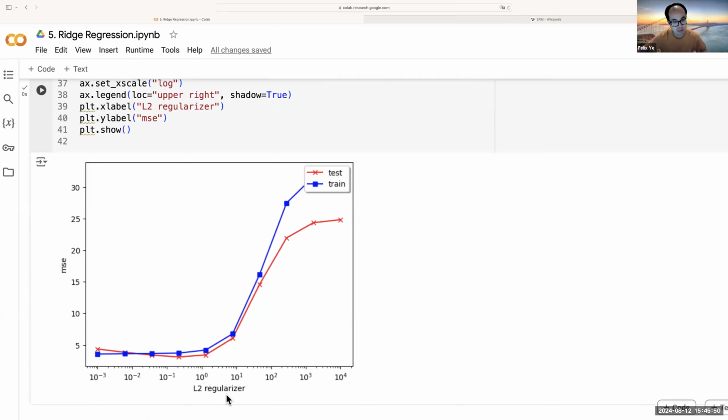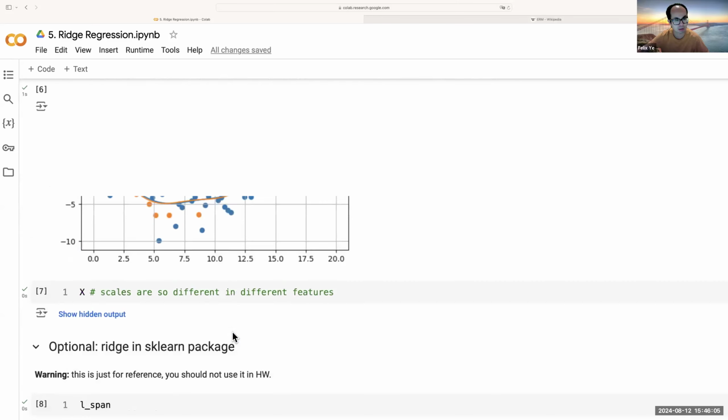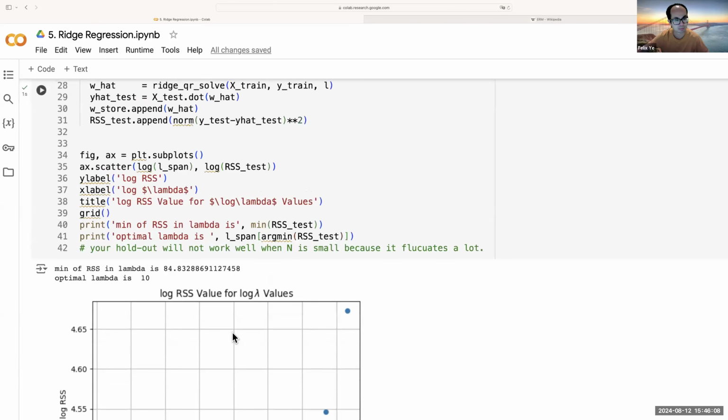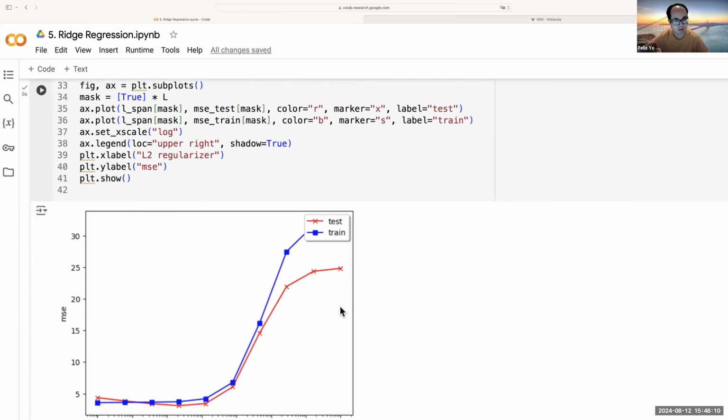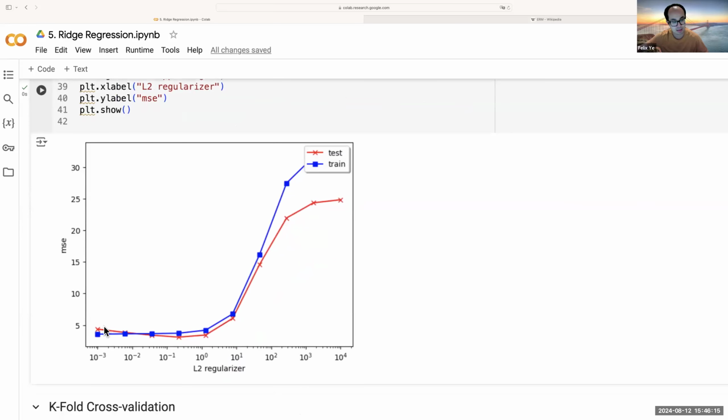So you can see the testing error, the MSE in this case, if we have large regularization, has this U shape right here, and the minimum is reached somewhere between 0.1 and 1. Okay, so this is just coming from scikit-learn.